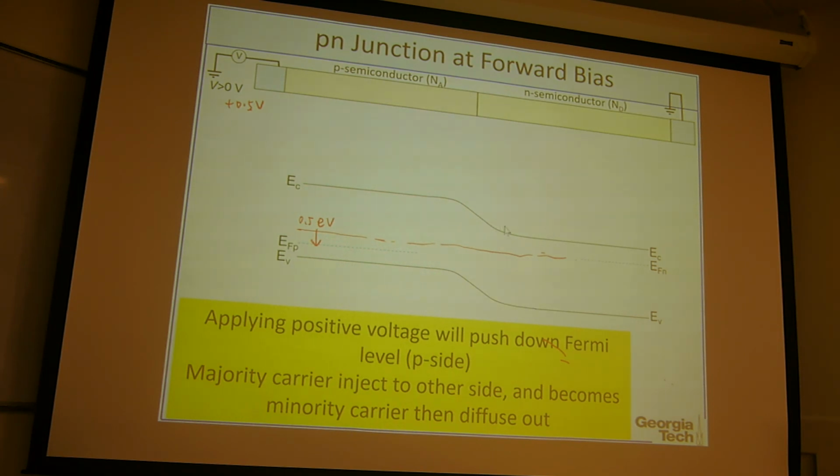That means this barrier height will also reduce by 0.5, because everything will be reduced here. So this barrier will reduce.